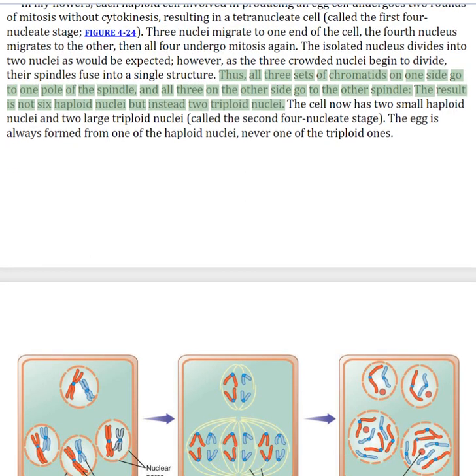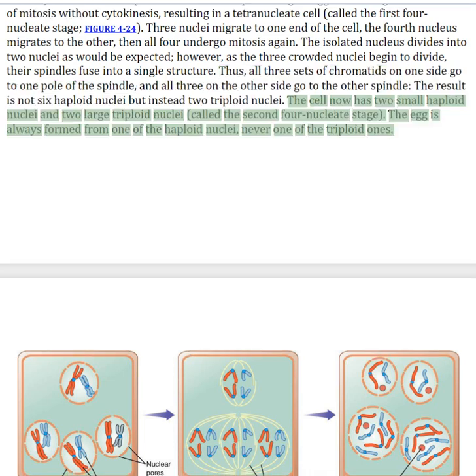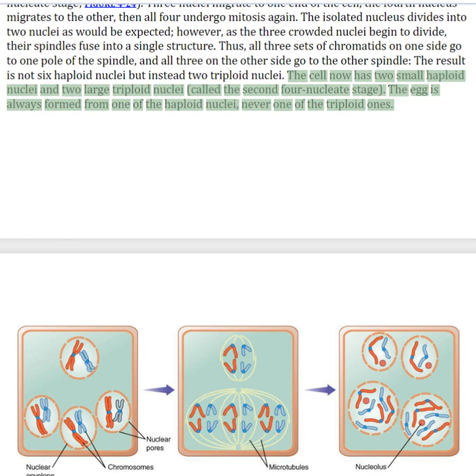Thus, all 3 sets of chromatids on one side go to one pole of the spindle, and all 3 on the other side go to the other pole. The result is not 6 haploid nuclei but instead 2 triploid nuclei. The cell now has 2 small haploid nuclei and 2 large triploid nuclei. The egg is always formed from one of the haploid nuclei, never one of the triploid ones.